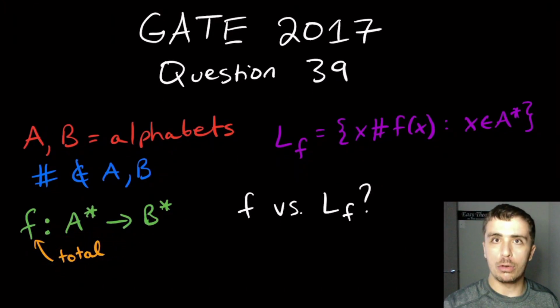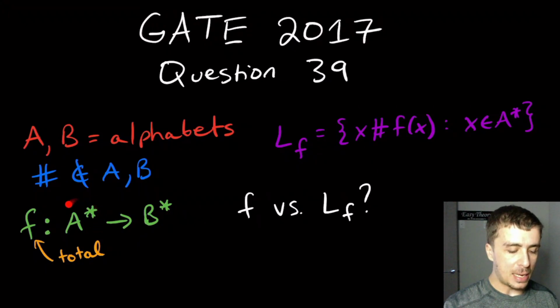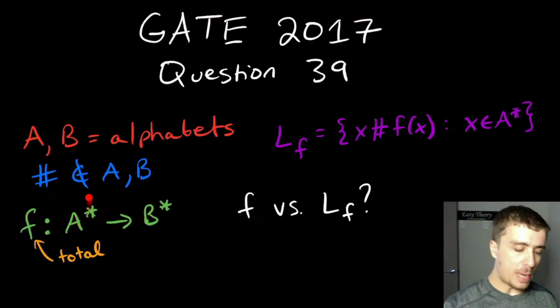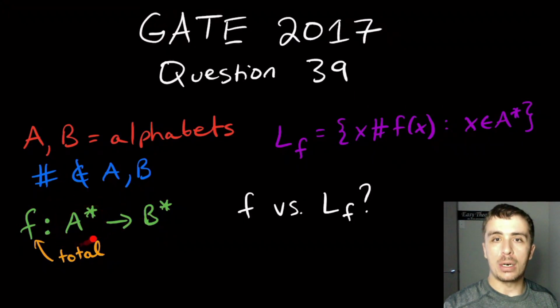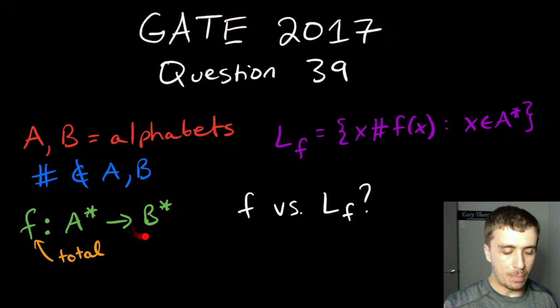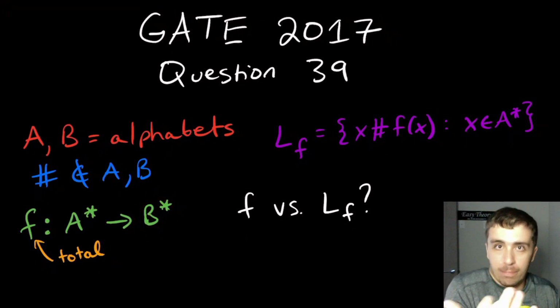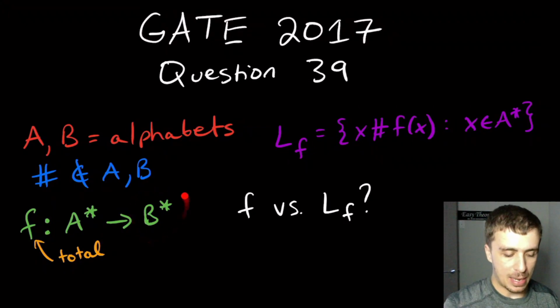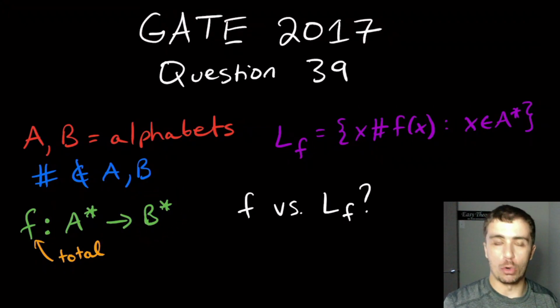If you don't know what a total function is, it means that no matter what the input is to the function f, the output is defined. So no matter what string in A star I give, f of that string is some string in B star. It's not necessarily unique, but there is a string in B star. That's just what it means to be total.